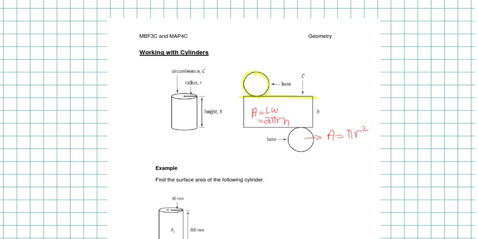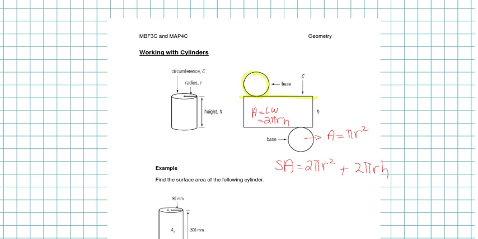Two. So my surface area formula is 2 pi r squared, because I have two of them, plus 2 pi r h, because I have the area of the circle, the area of the other circle, and the area of the lateral surface.